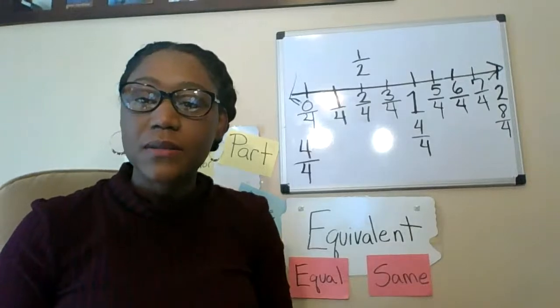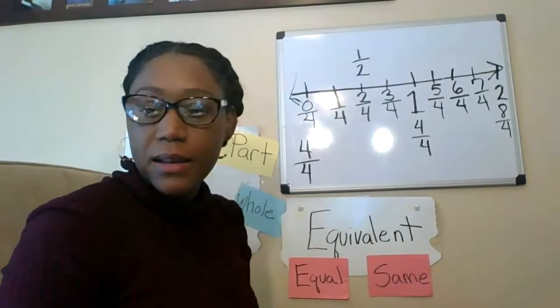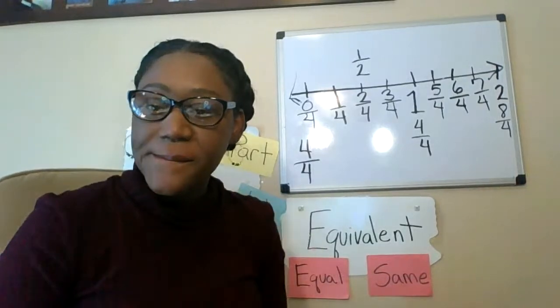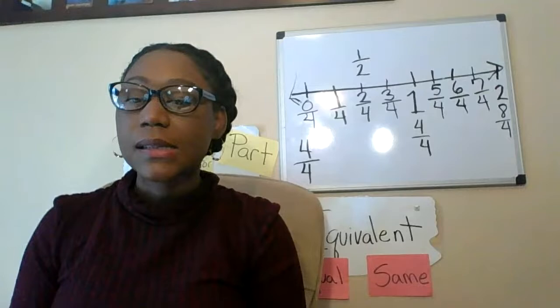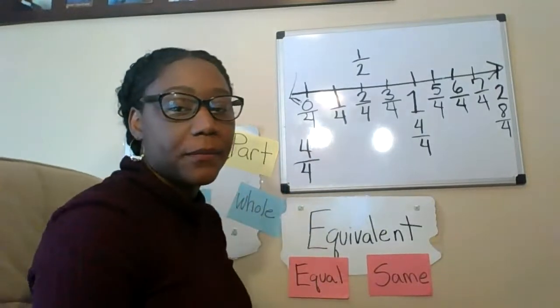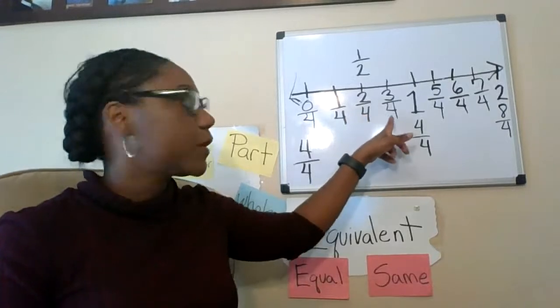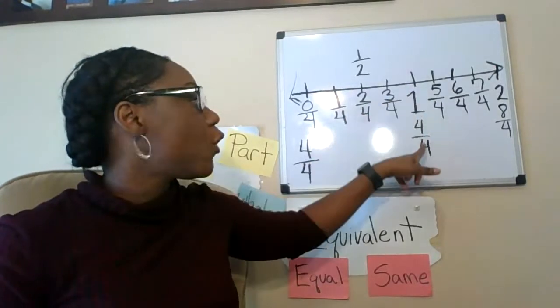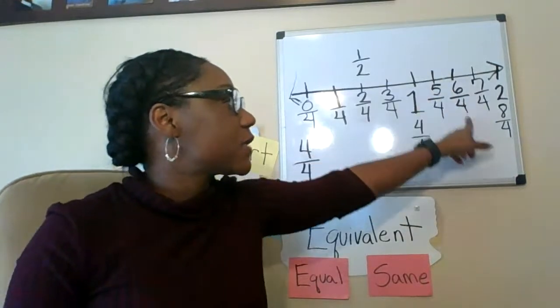Now, those who watched the video, how far did Mrs. Williams walk? What point can I label there? Did I walk 0 fourths, 1 fourth of a mile, 2 fourths, 3 fourths of a mile? Did I walk 1 whole mile? Did I go past a mile and walk 5 fourths or 6 fourths or 7 fourths?